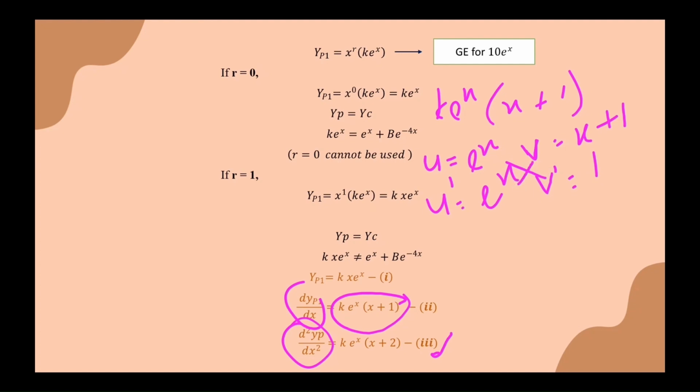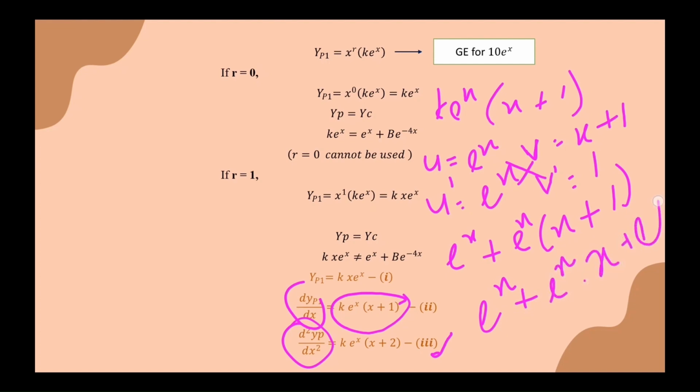When you cross multiply these two, you get e^x plus e^x times (x plus 1). So you will get e^x plus e^x, which means you will get e^x plus 2 e^x.